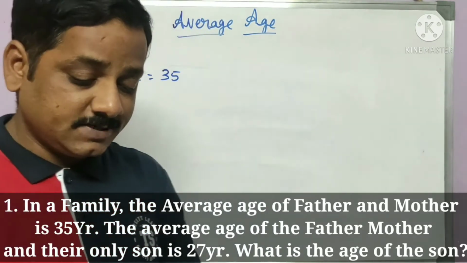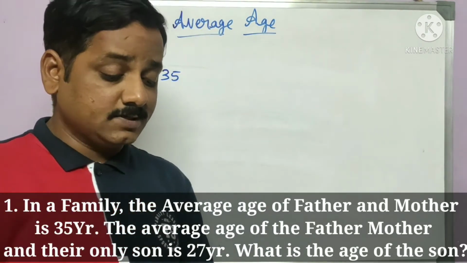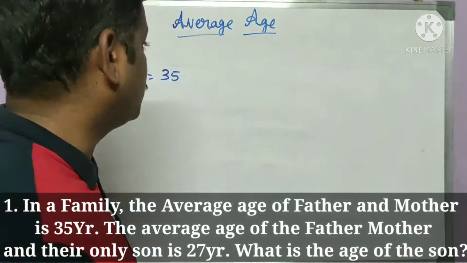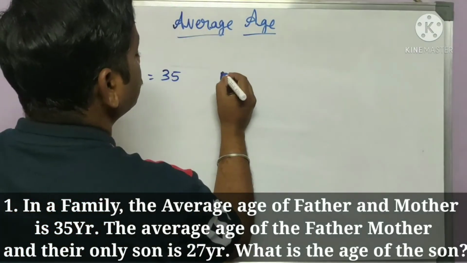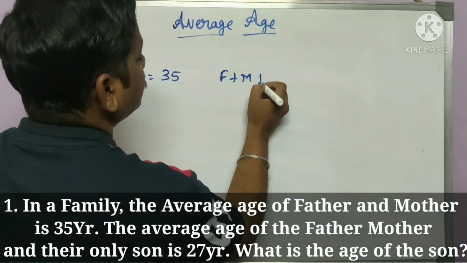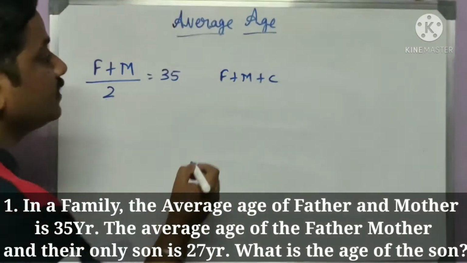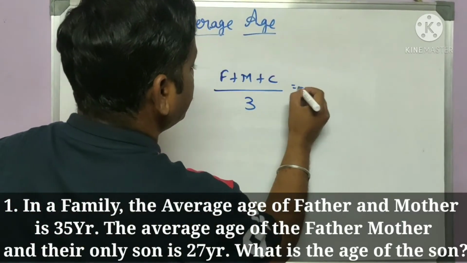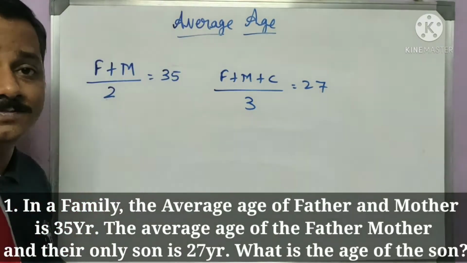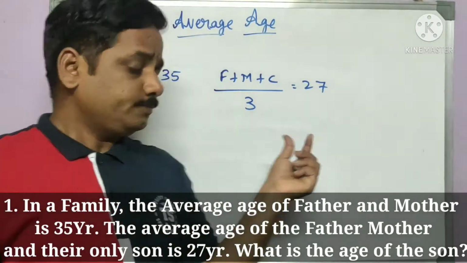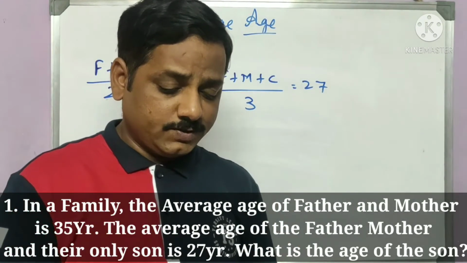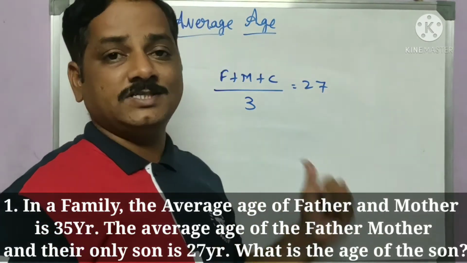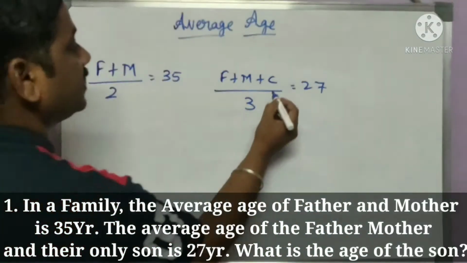They also gave the statement that the average of the father, mother and their only son is 27. So father plus mother plus son, divided by 3, is 27. Now they want to find the age of the son.